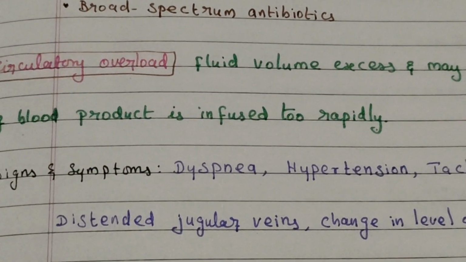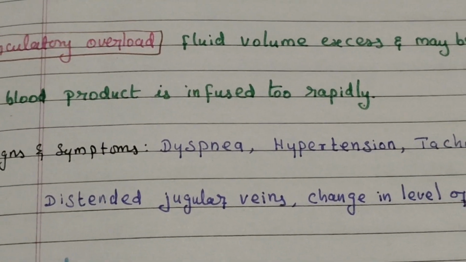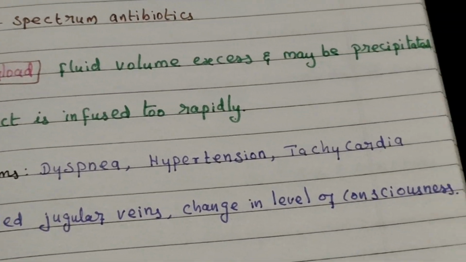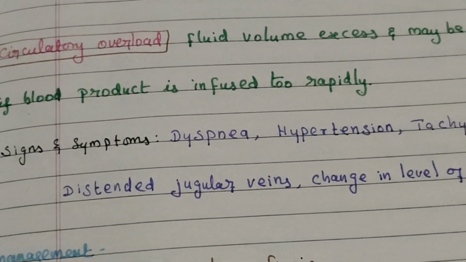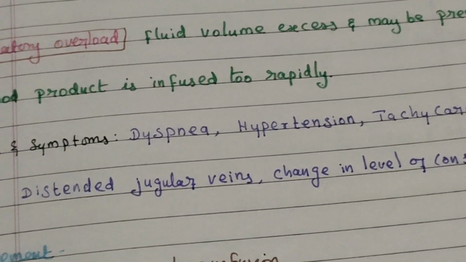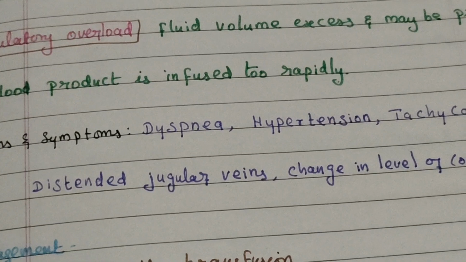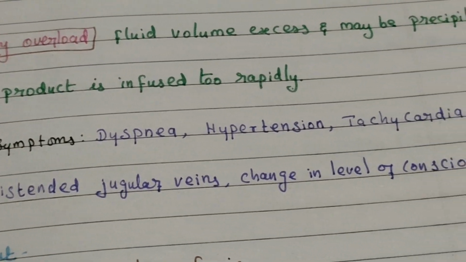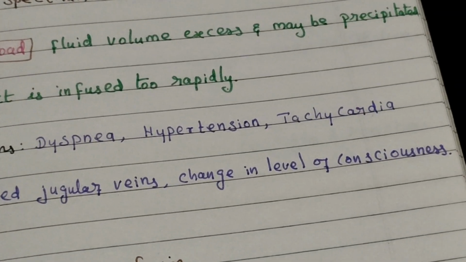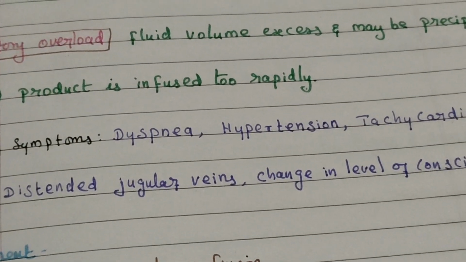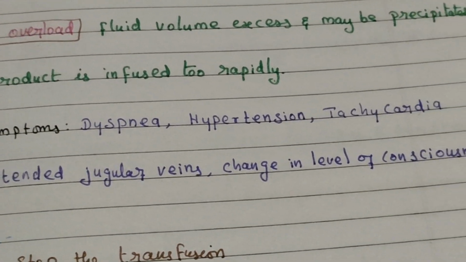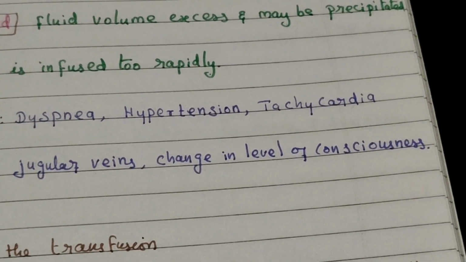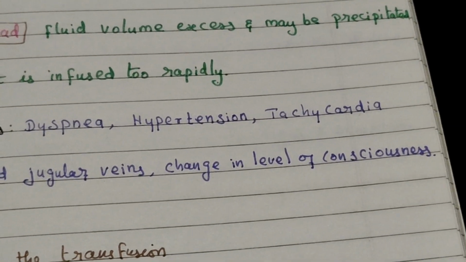Then circulatory overload: fluid volume excess, which may be precipitated if blood product is infused too rapidly. What are the signs and symptoms? Dyspnea, hypertension, tachycardia, then distended jugular vein, then changes in the level of consciousness.